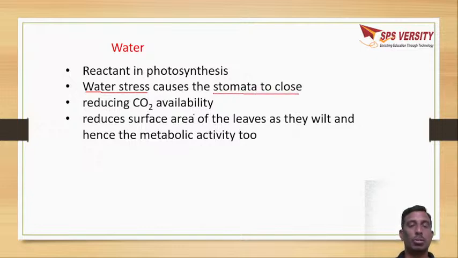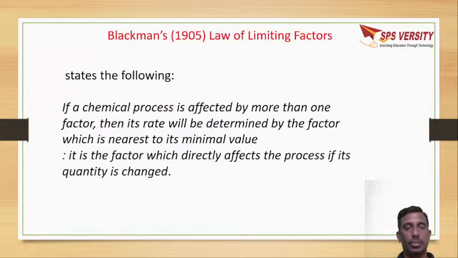When stomata close, CO2 exchange does not happen and CO2 availability decreases. Therefore there is a decrease in the rate of photosynthesis. So water is another important external factor which controls the exchange of gases. So far we have studied external factors and internal factors.